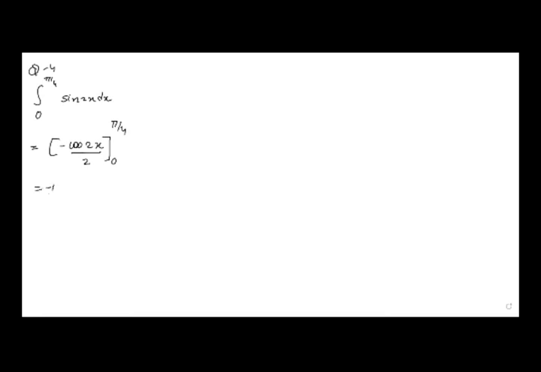Right, we'll take minus 1 by 2 outside and we'll keep the value of x first as pi by 4 and then 0, upper limit and then lower limit. So this will be pi by 2, and you know that cos pi by 2 is 0, whereas cos 0 is 1. So I will get a minus 1. Answer is half.